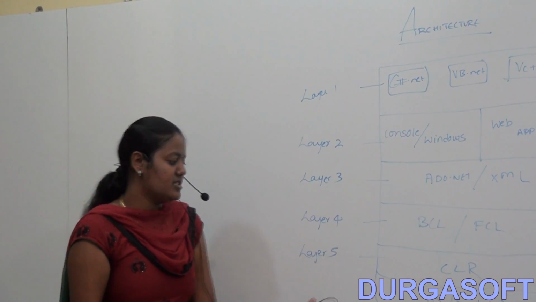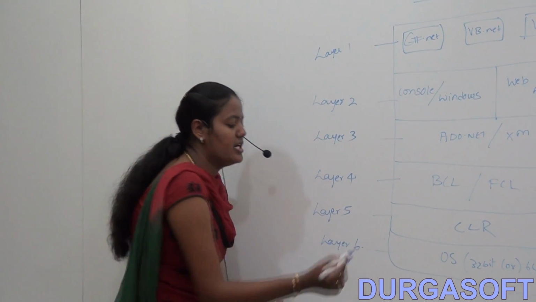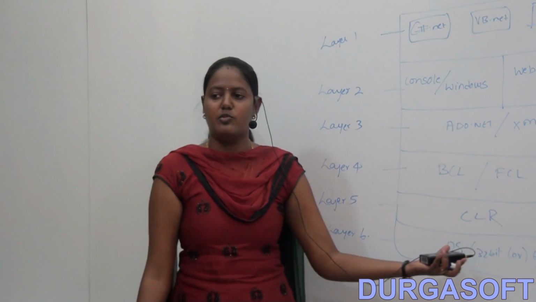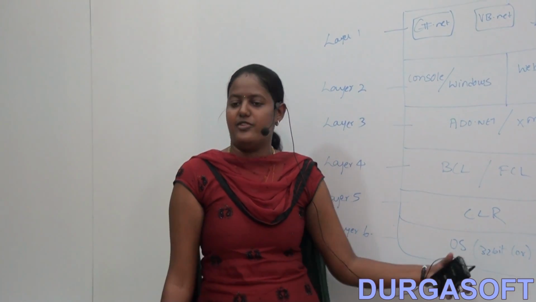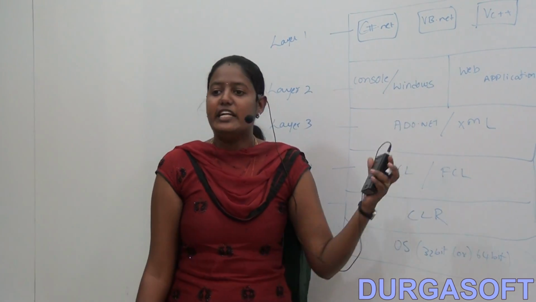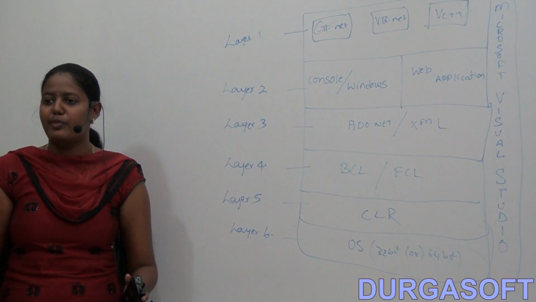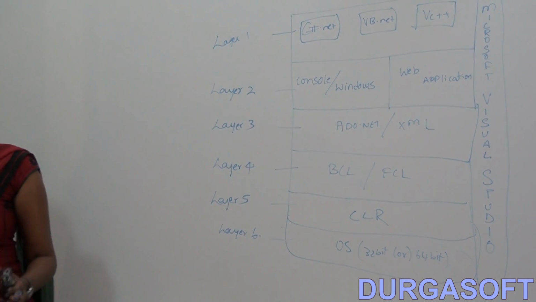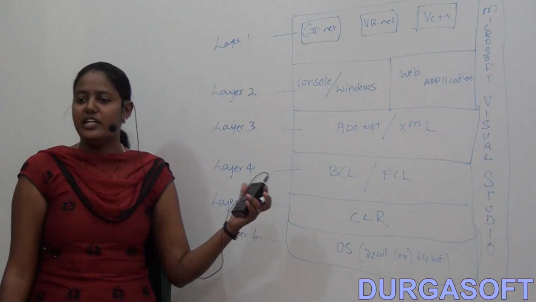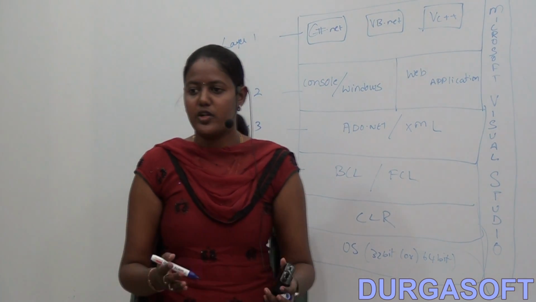And next layer is operating system. We can install either a 32-bit operating system or 64-bit. After installing this operating system, we install our IDE, that is Integrated Development Environment. The IDE of our .NET is Microsoft Visual Studio, where we are going to develop our .NET applications.